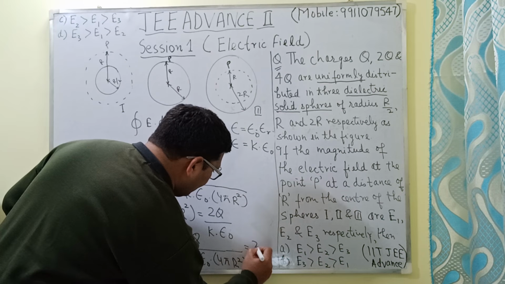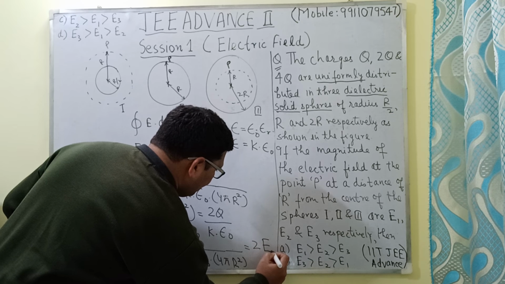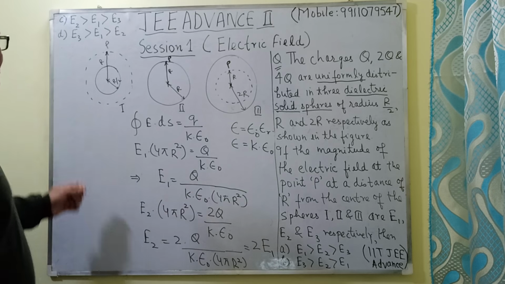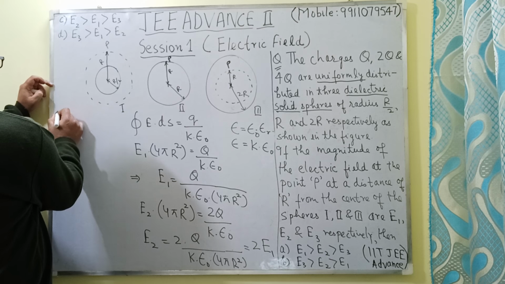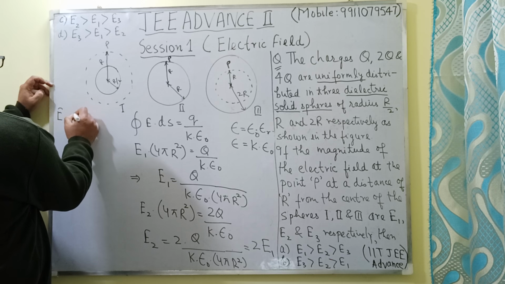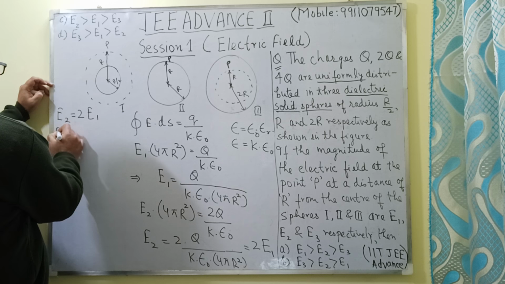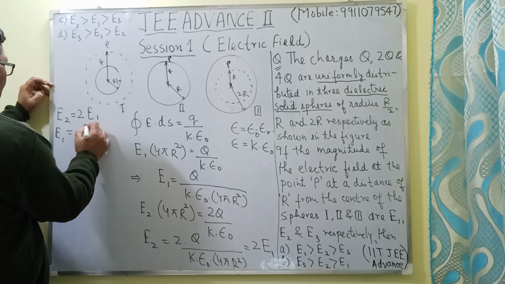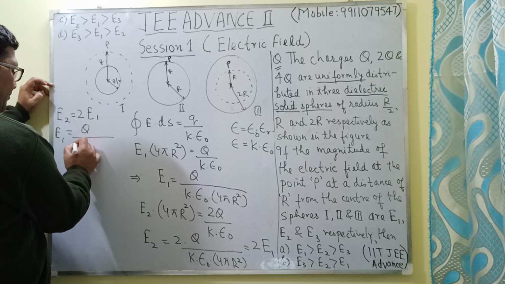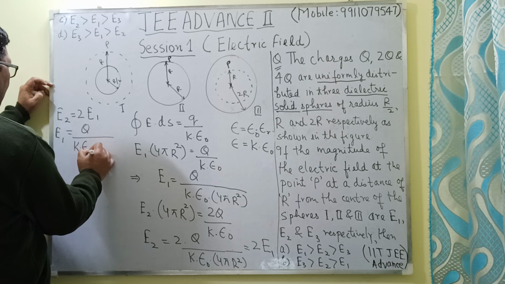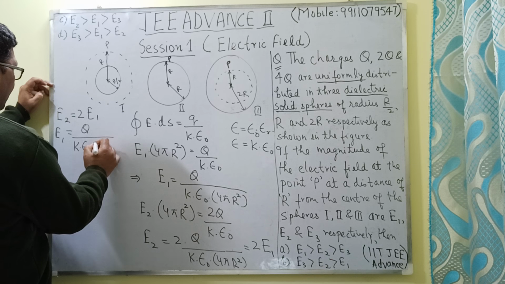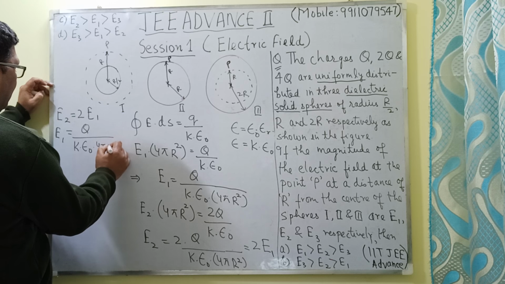So E2 is equal to 2 times E1, where E1 is equal to Q divided by K epsilon naught 4 pi r square.